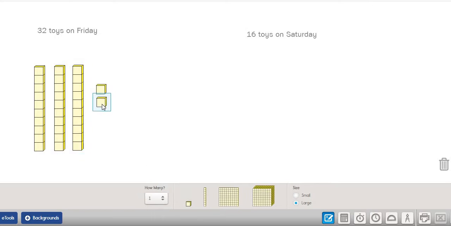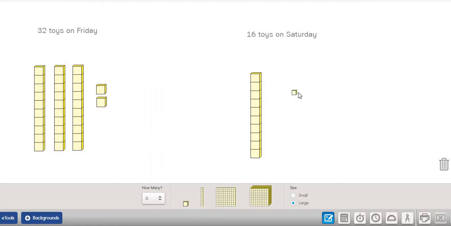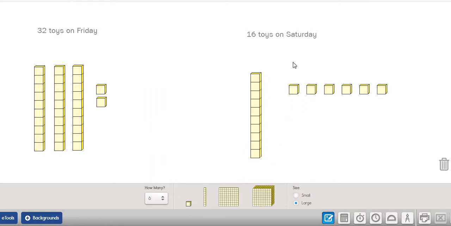So these blocks show number 32. Let's model number 16. We have 1 ten, so we need 1 rod. And we need 6 ones, 6 cubes. So these blocks show number 16.